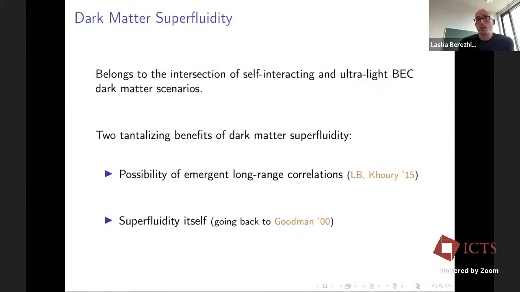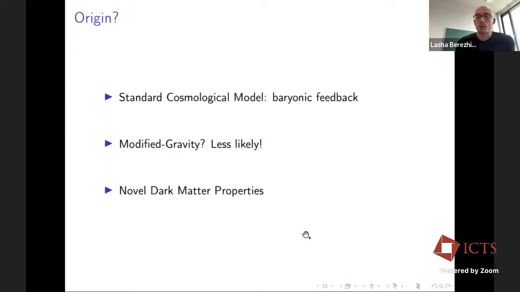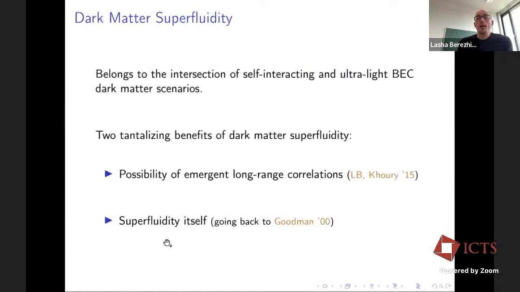Another motivation is the superfluidity itself, which was the motivation for Jeremy Goodman back in the year 2000. Another motivation for Goodman was that in self-interacting dark matter, usually you need strong interactions, and then the question is whether these interactions could lead to the gravothermal collapse of the core of the halo.